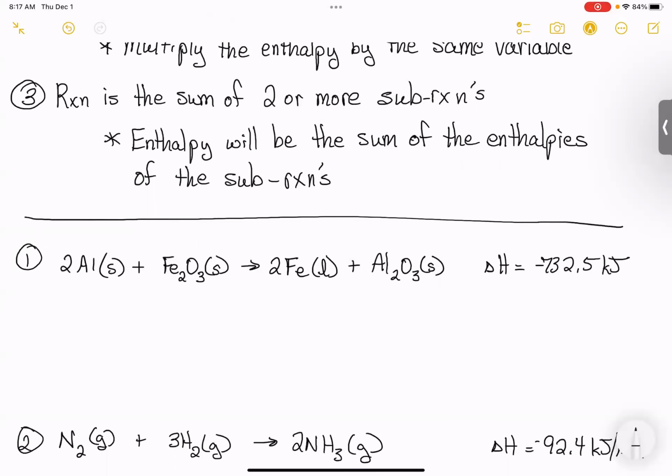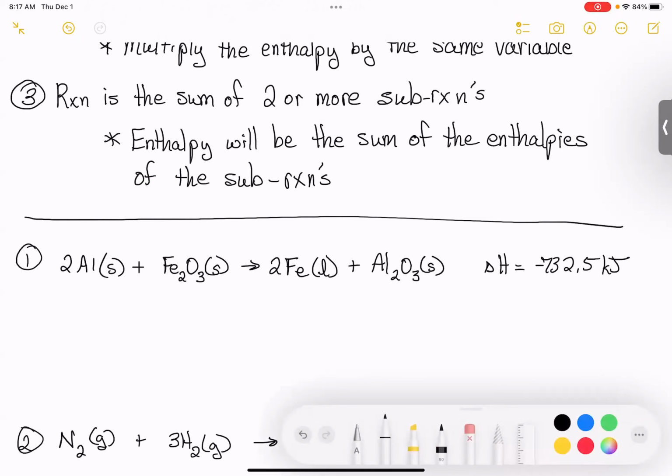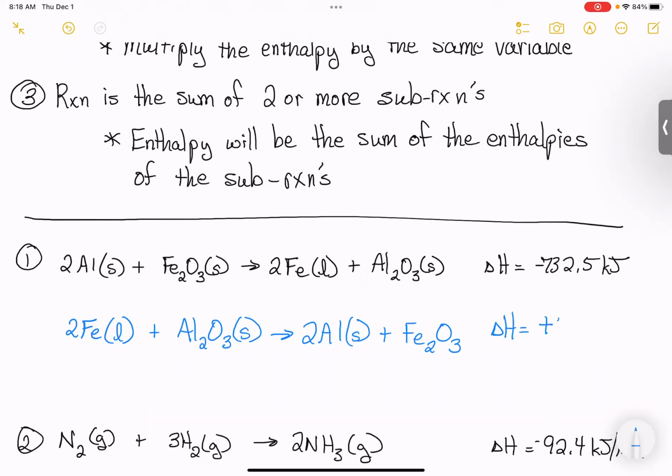Now, if I were to reverse this reaction, so that I took the iron in liquid form and reacted it with the aluminum oxide to form aluminum plus iron(III) oxide, then the enthalpy of this reaction would be a positive 732.5 kilojoules.